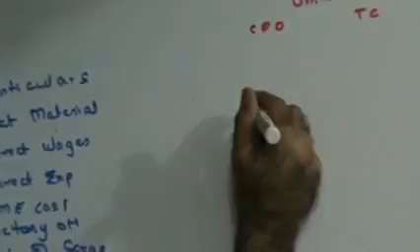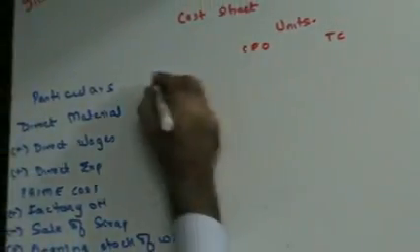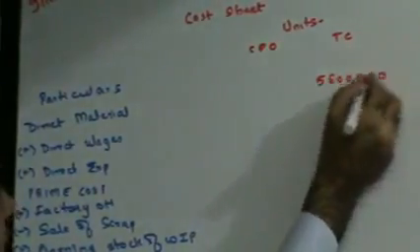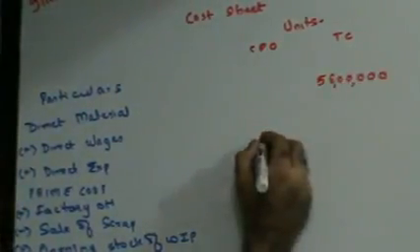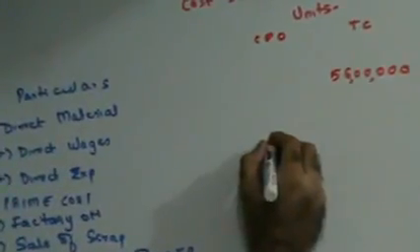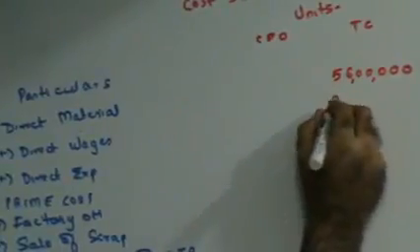We'll first do the cost sheet. Let's see the adjustment. Cost accounts for the same period reveal that direct material consumption was 56 lakhs. Direct wages I will have to take from the records that they give me, which is 30 lakhs.